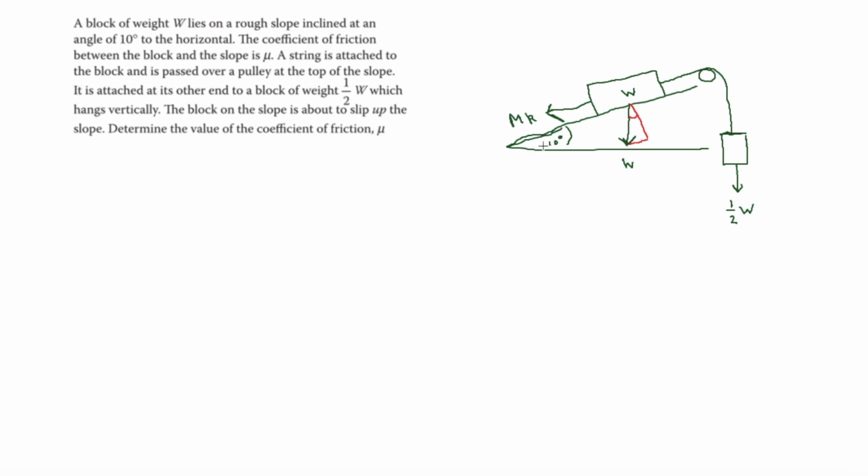And this angle will always be the same as this angle here. So that's going to be 10 degrees there. That means this component here is its opposite, so it's going to be W sine 10. And this one here then will be W cos 10.